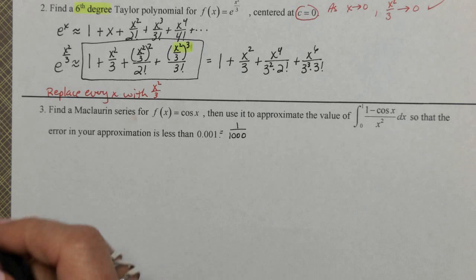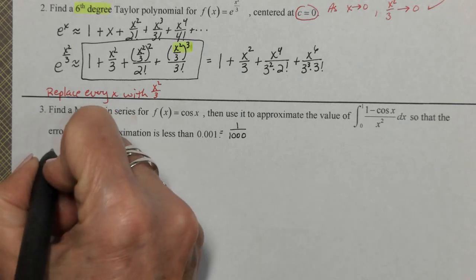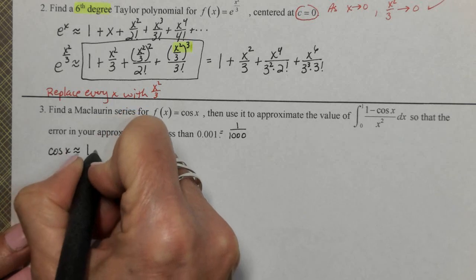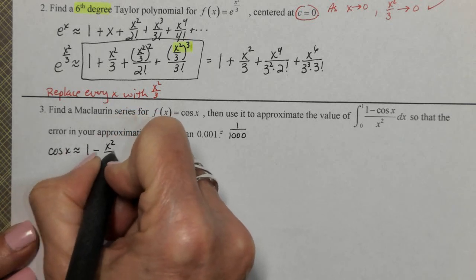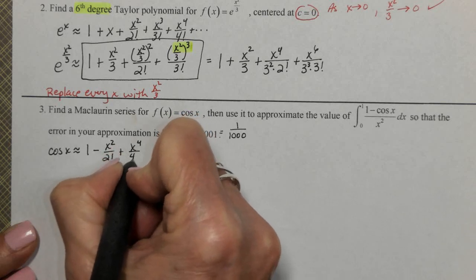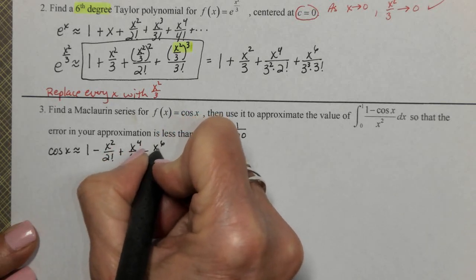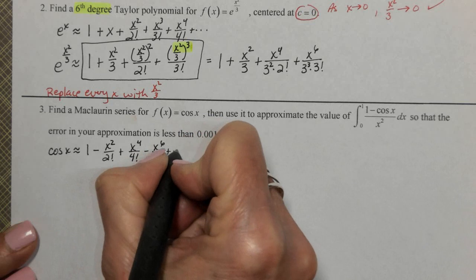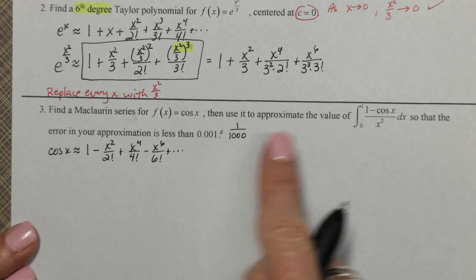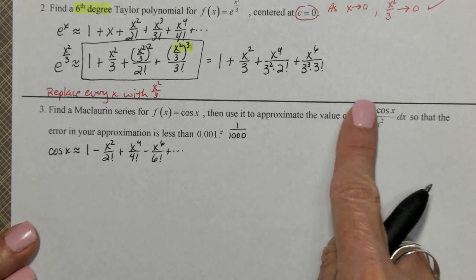Not a problem, I have that memorized. So cosine x is 1 minus x squared over 2 factorial plus x to the 4th over 4 factorial minus x to the 6th over 6 factorial plus dot dot dot. Keeps on going. Okay? Now I'm going to use this to approximate the value of that.